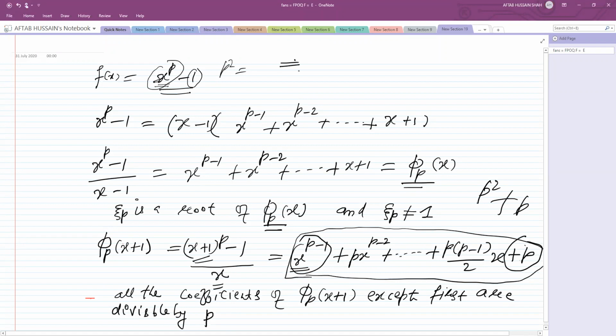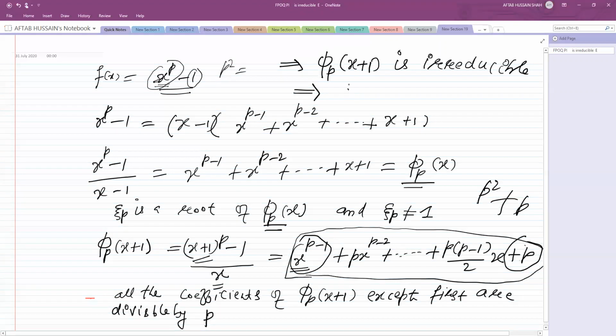So this means phi p of x plus 1 is irreducible. And once phi p of x plus 1 is irreducible, it implies that phi p of x is irreducible.